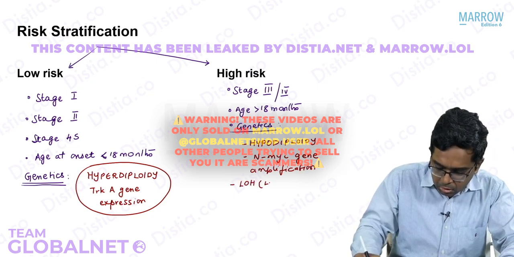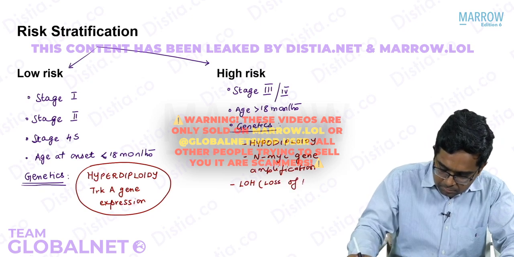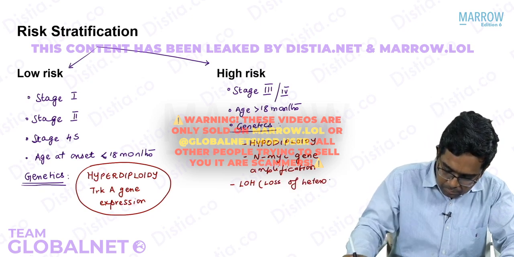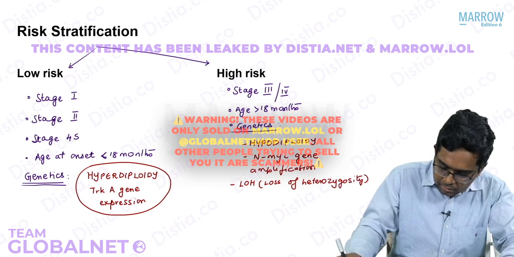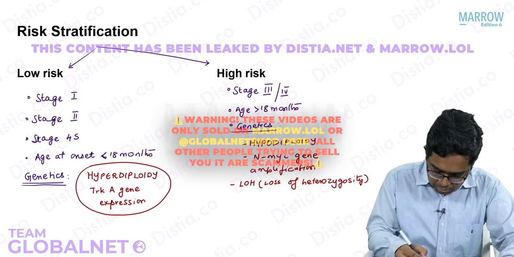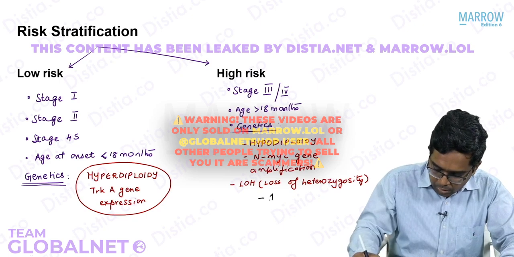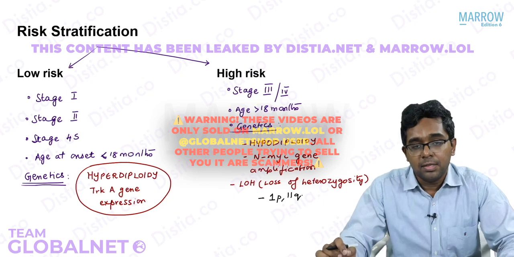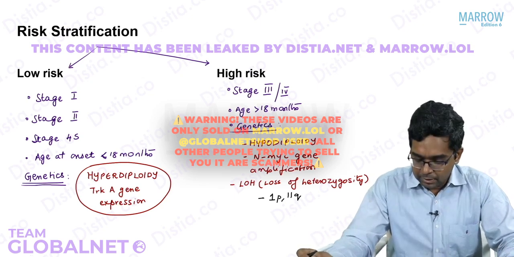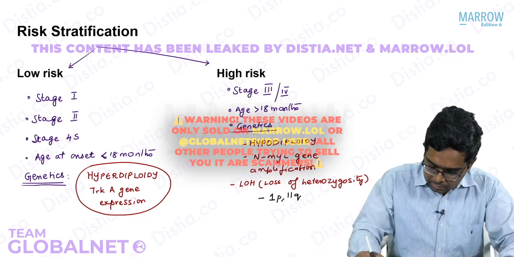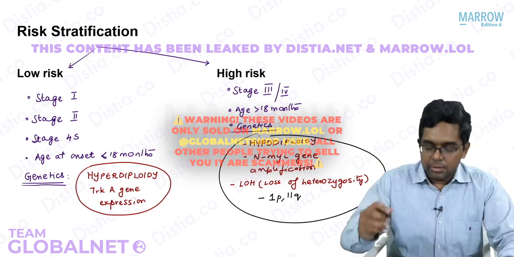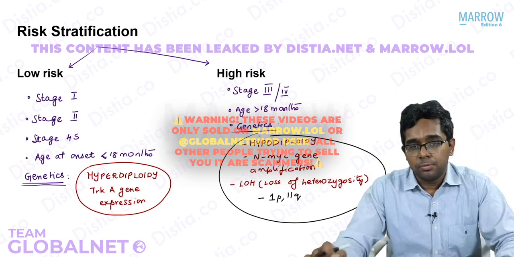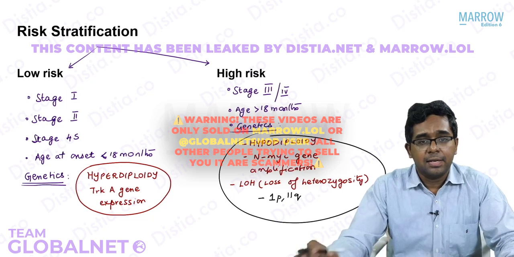What is that? Loss of heterozygosity of certain locations of the chromosomes, which include 1p and 11q, that is the short arm of chromosome 1 and the long arm of chromosome 11. These are basically genetic factors associated with the poor outcome, so classified as high risk lesions.